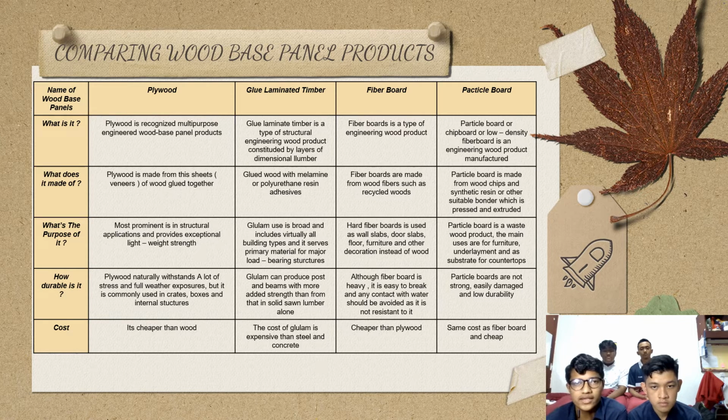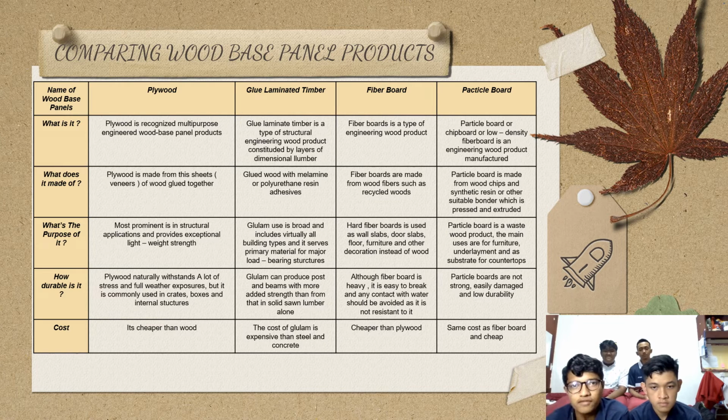And the last one is particle board. The particle board or chipboard or low density fiberboard is an engineered wood product. It is made from wood chips and synthetic resin and other suitable binder which is pressed and extruded.